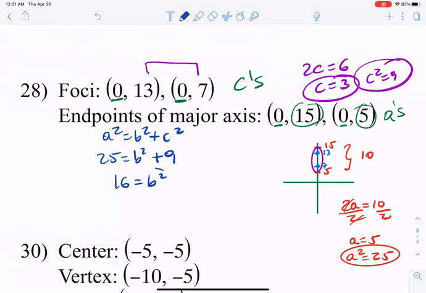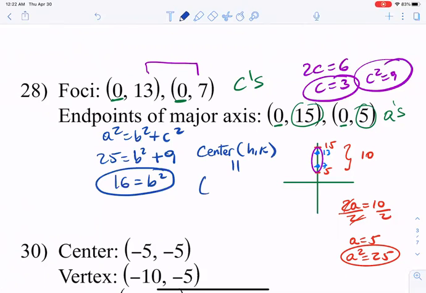You can tell, right? So now I need to find out the center. I don't have the center. Once I find the center, I'm done. So the center is HK. Okay, so we have the major axis from 5 to 15.